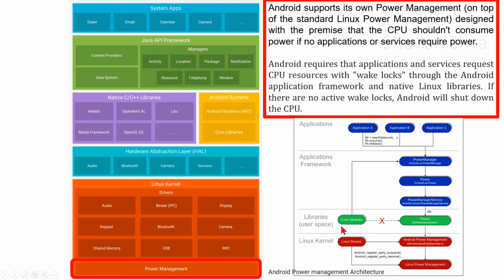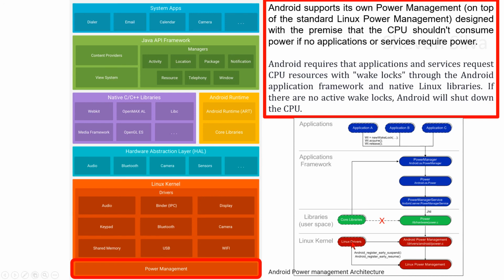It goes to libraries, user space, and this is power, and libhardware/power.c. It moves to Android power management in the Linux kernel area, and this again moves to /drivers/android/power.c, and this is Linux power management.